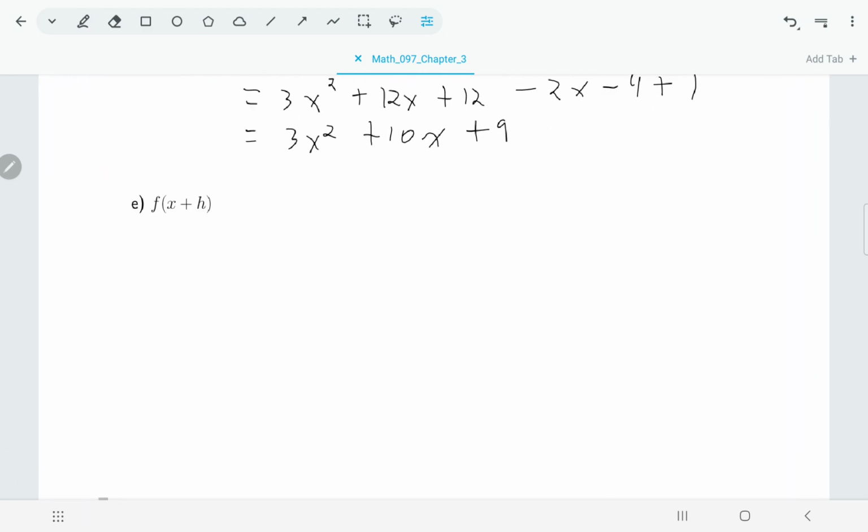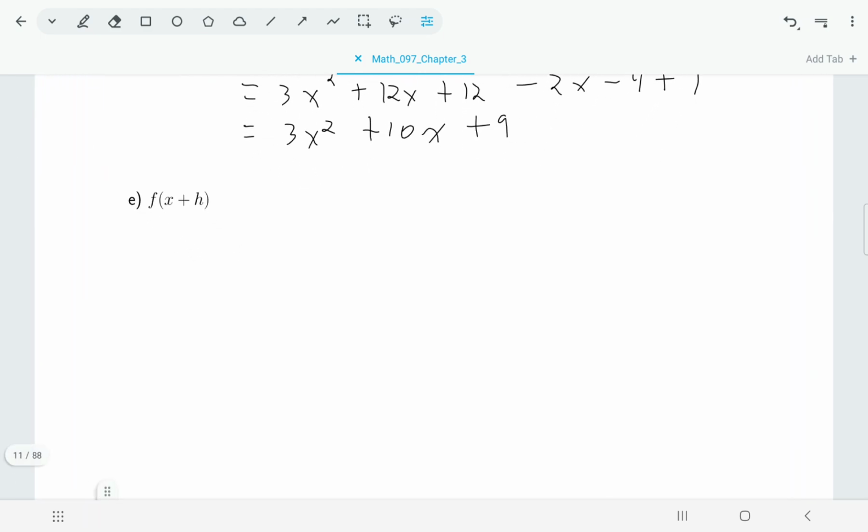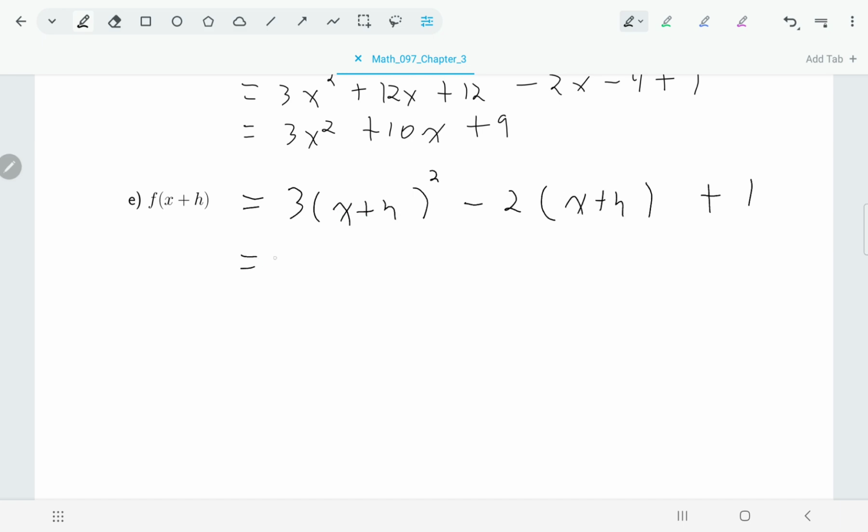And we'll do exactly the same thing that we did in the last example, where we're going to take our function and replace all of our inputs with x plus h. So 3 originally was x squared, minus 2, originally x, and then plus 1. We're replacing our original x with x plus h, and then we will expand and simplify.